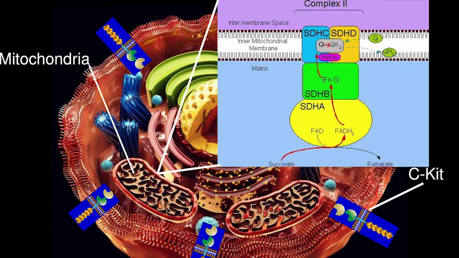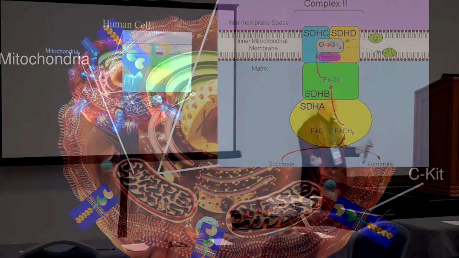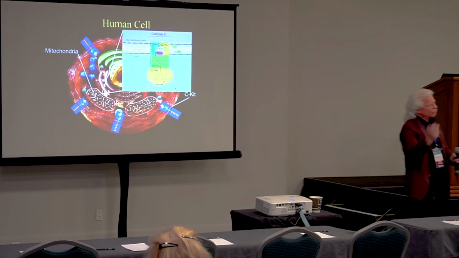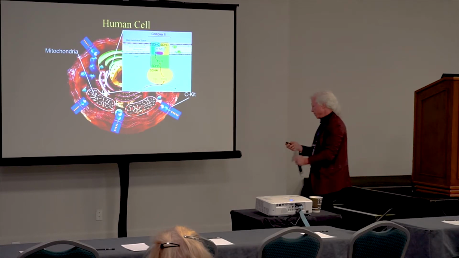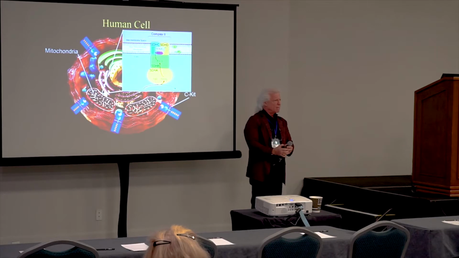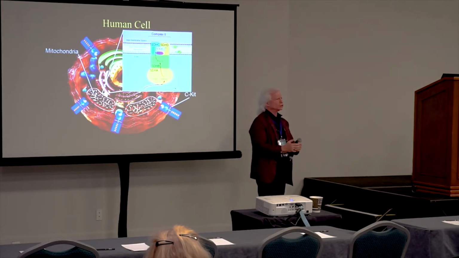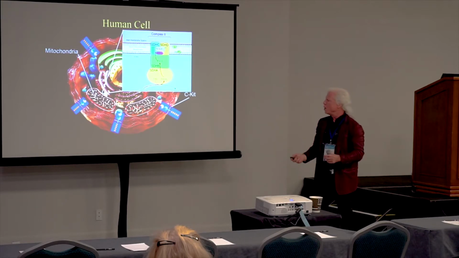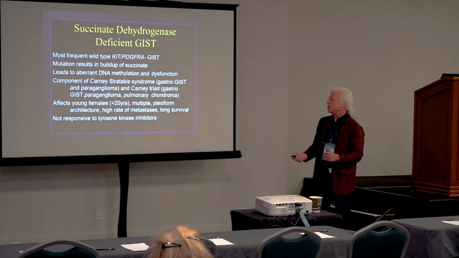And if that conversion is blocked, the number of molecules of succinate increase in concentration within the cell, and that affects the DNA. And it results in alteration of the DNA, which many of you may have heard as methylation, meaning new molecules are attached to the DNA that interfere with its normal function.